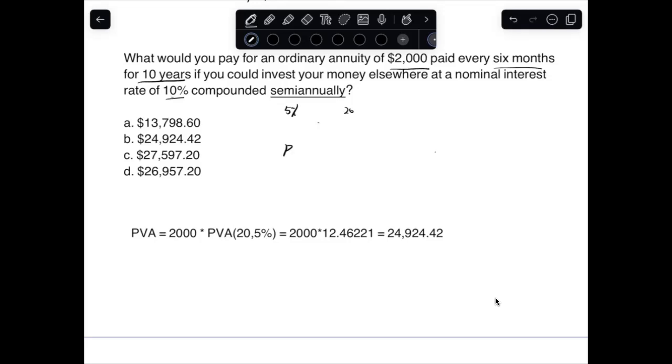We can calculate the PVA, present value of annuity, is 2,000 times, use the calculator to calculate the PVA 20, so there are 20 periods, 5%. So equal to 2,000 times 12.4622 equal to 24,924.42.